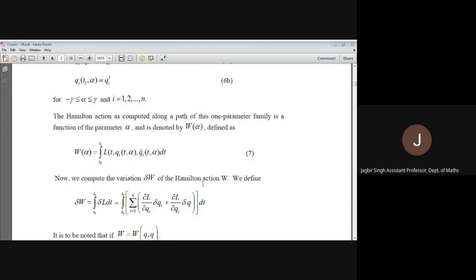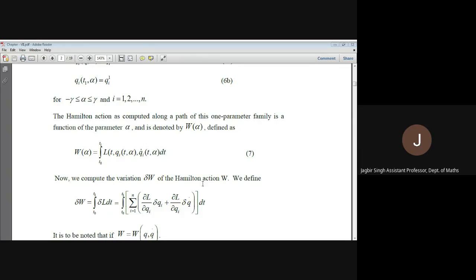Now the Hamilton action W is the Lagrangian function L integrated over time from t0 to t1 with respect to t. After integrating, we replace t with t1 and t0, which are scalar quantities. So when we solve the right hand side of equation number 7, the term that remains will be a function of alpha only.